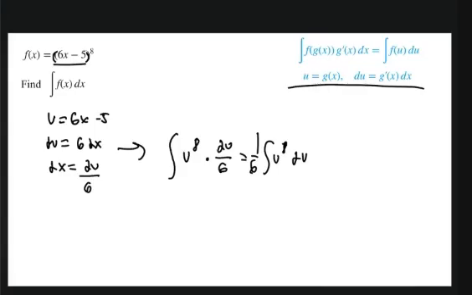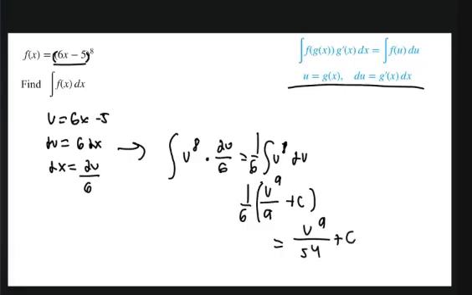So then we just get 1 over 6 times u to the power of 9 all over 9 plus c. And then we distribute 1 over 6. So then once we substitute u back into it, we get 6x minus 5 to the power of 9 all over 54.